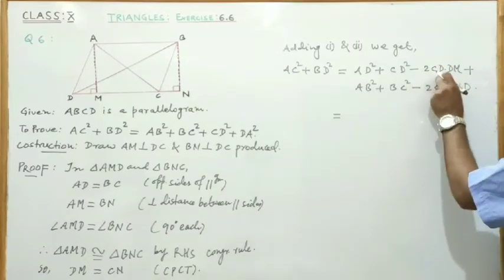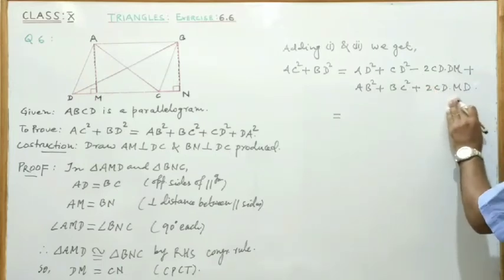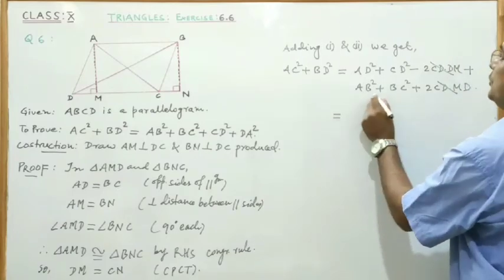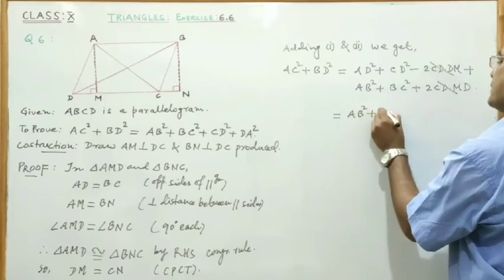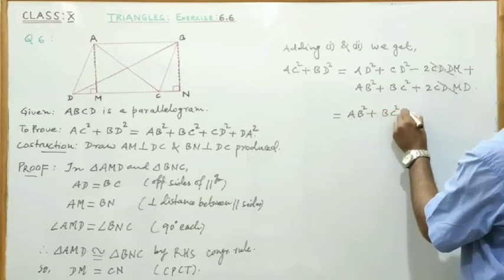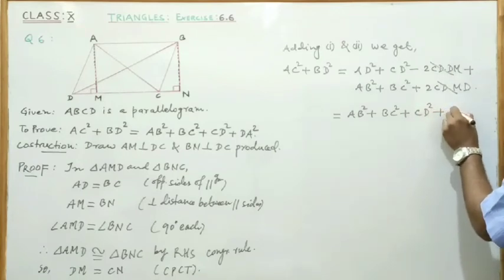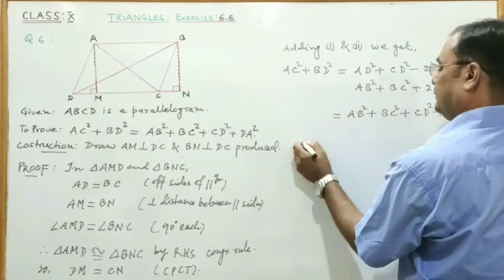Minus 2CD into DM plus 2CD into DM gets cancelled. So we have AB square plus BC square plus CD square plus AD square. Hence proved.